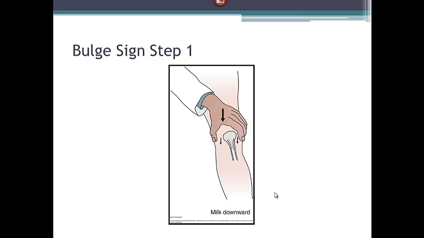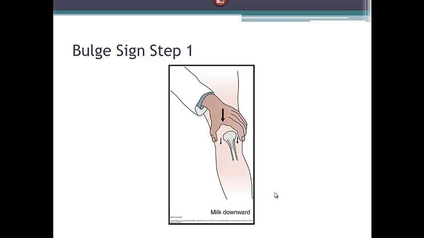So now let's talk about possible pathological findings when patients have knee problems. One of those is the bulge sign. This is when you're trying to discern if the patient has any type of swelling in the suprapatellar pouch. The bulge sign confirms the presence of small amounts of fluid as you try to move the fluid from one side of the joint to another.